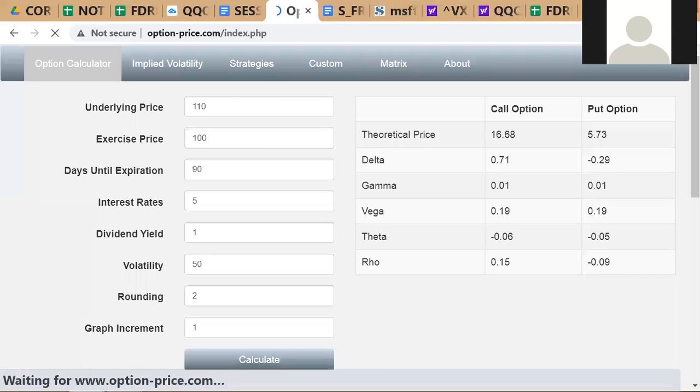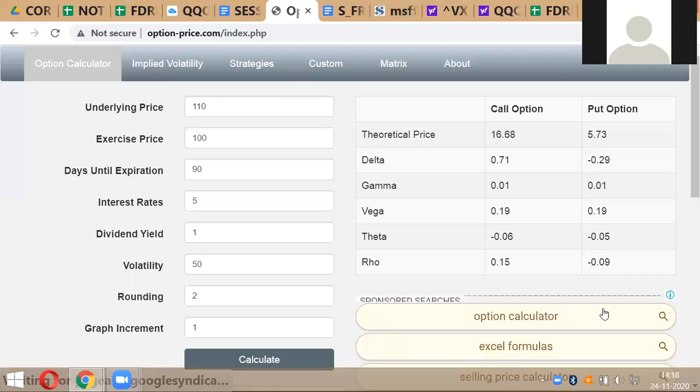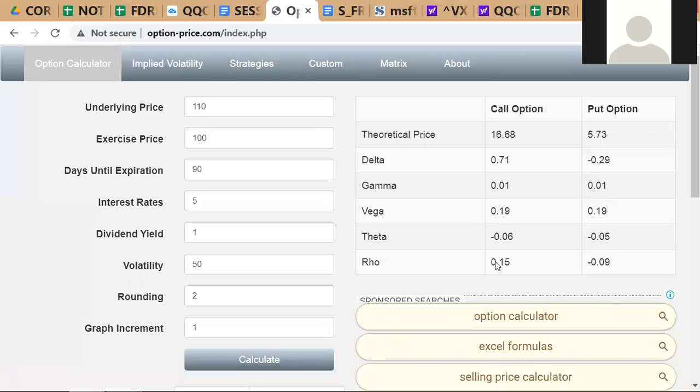We've already done the calculation. So look at this: 90 days, 100 call, vol is 50. Underlying is at 110. So what is the intrinsic value of this option?